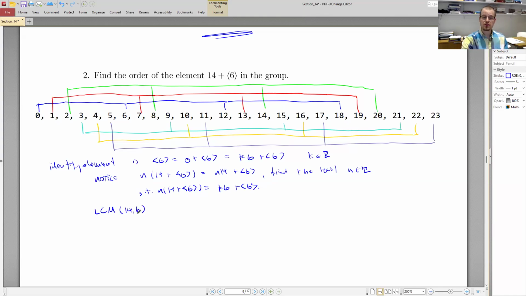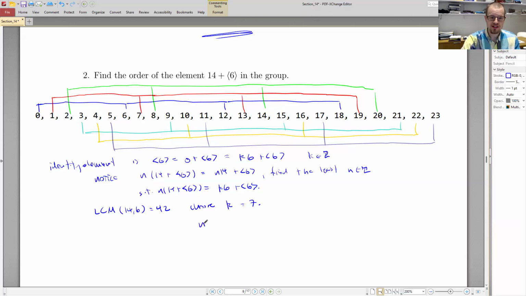They both have a factor of 2. This has a factor of 7. This has a factor of 3. So 2 times 3 times 7 is going to give us 42. So the least common multiple is 42, so I can choose k equal to 7.